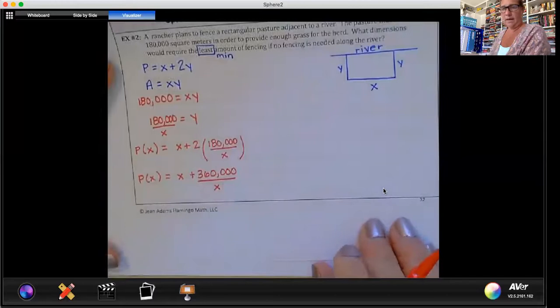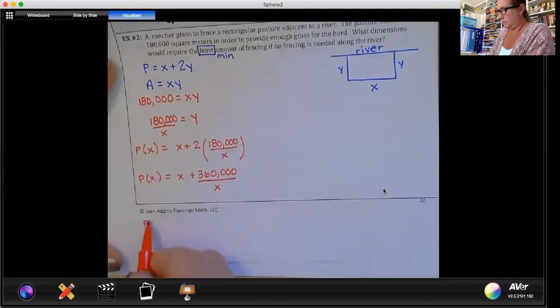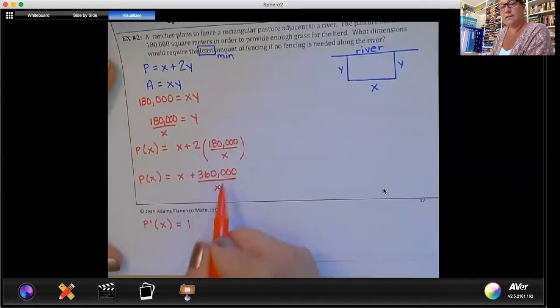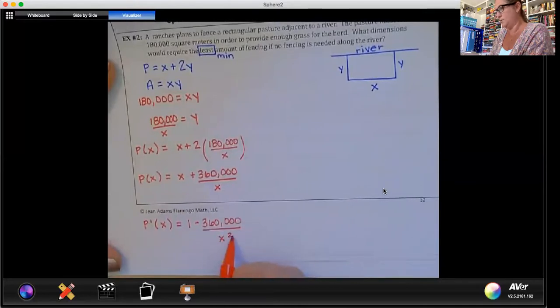And we're going to find our derivative. That's 360,000 x to the negative 1, so negative 360,000 over x squared. There's our derivative.